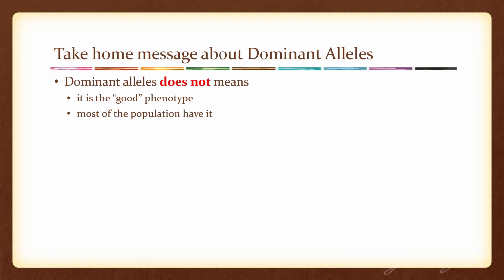And just because it is dominant doesn't mean most of us have it, in the case of blood group, as well as many other examples. Especially in the case of disease, most of us do not have Huntington's disease. That means it is actually rare to have that dominant allele, since you only need one copy for the person to develop Huntington's disease.